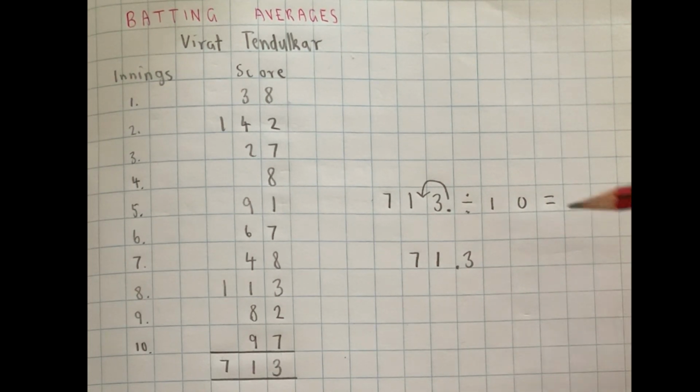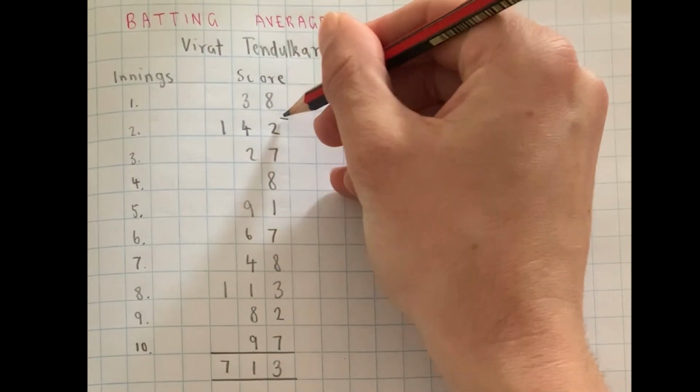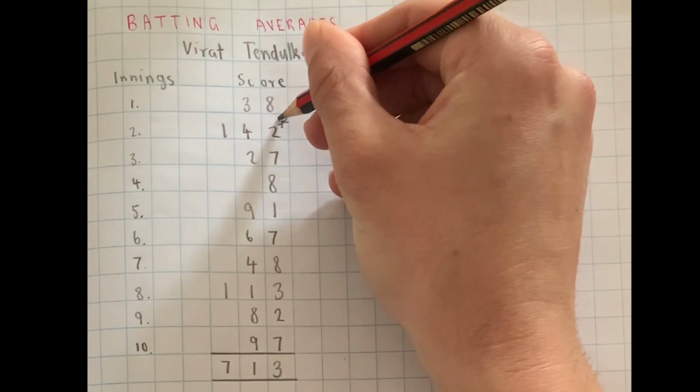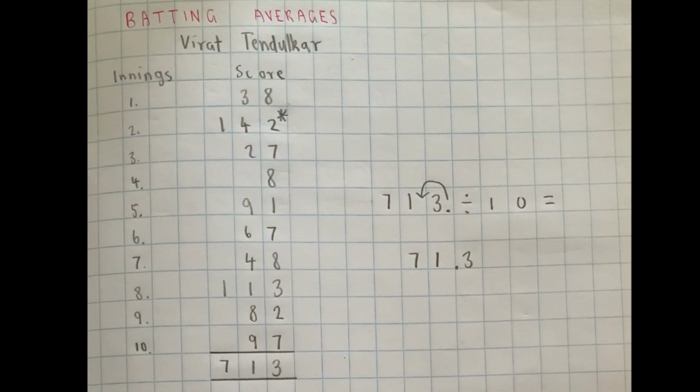What I'm going to do today is put a little asterisk above 142. What that asterisk usually symbolizes is that 142 was actually not out. So this is the interesting thing about the average. If a player has a not out innings, that means they have not been dismissed. It means that that innings is not counted when we divide by how many innings there were.